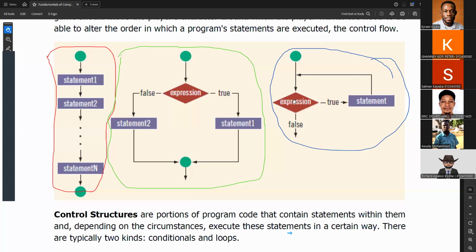So whilst the count is still ongoing and we have the first student, if that first student, which is number 1, is less than 10, that means it's true.